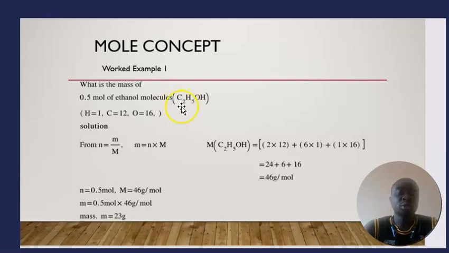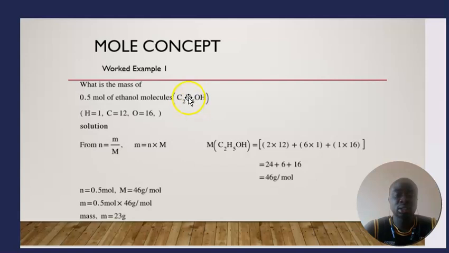So what you are going to do is that in calculating the molar mass, given the atomic masses, we multiply the number of atoms given for each element by their atomic masses. So realize that for carbon, you have 2 atoms of it. So you multiply that 2 by its atomic mass, which is 12, plus hydrogen.